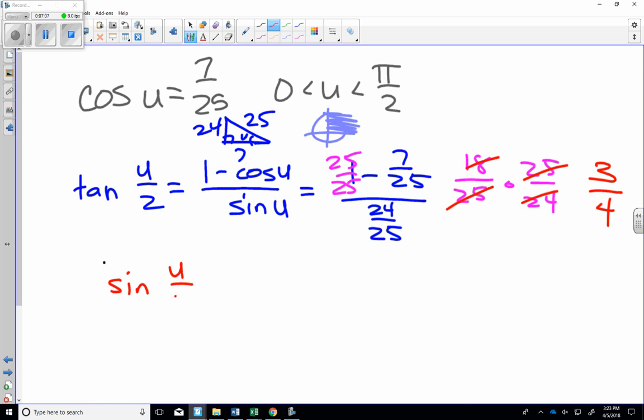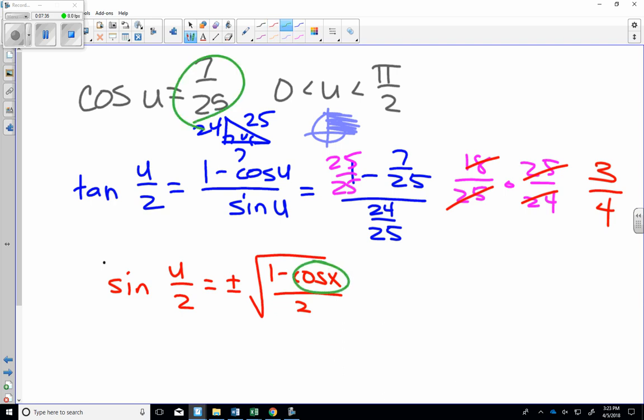Sine of u over 2 is plus and minus square root of 1 minus cosine x over 2. And we know that cosine is 7/25, so we have plus or minus square root of 1 minus 7/25 over 2.